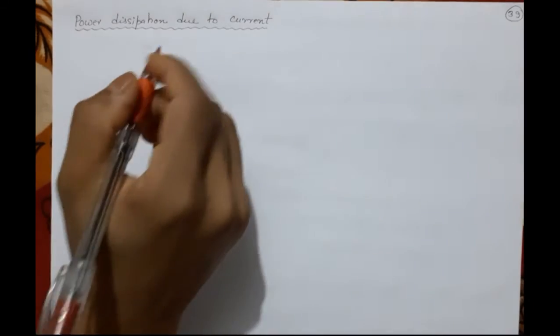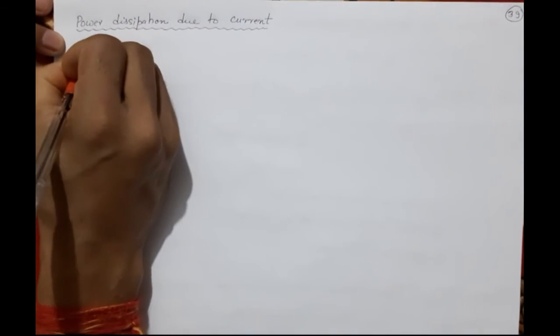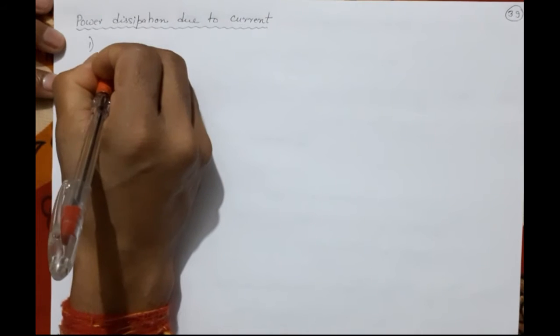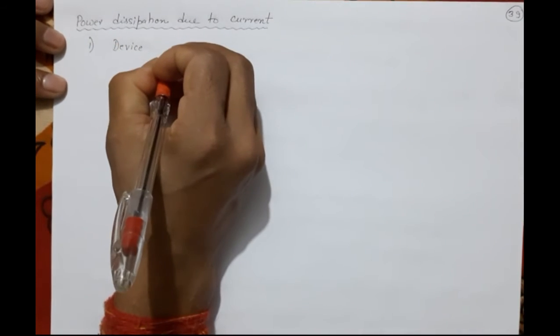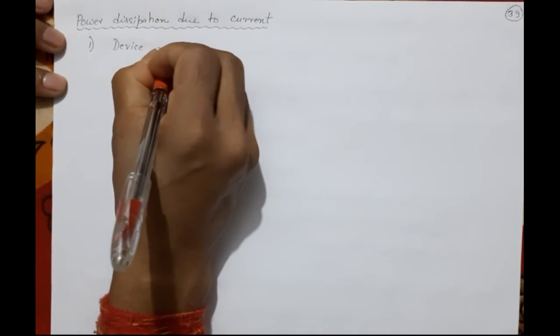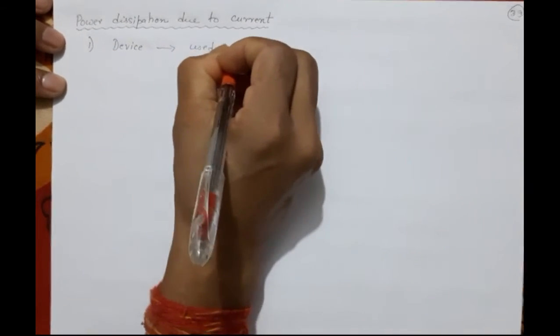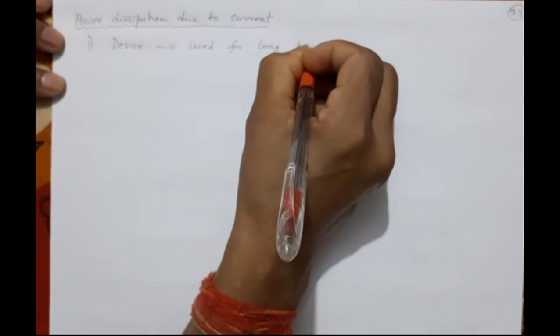Now, what is this topic, power dissipation due to current? A simple example: suppose there is one device, and it is used for a long time, for long hours.